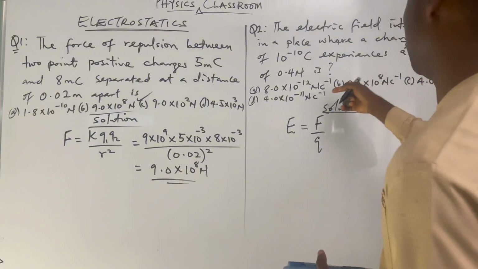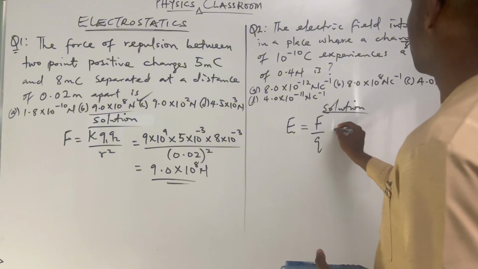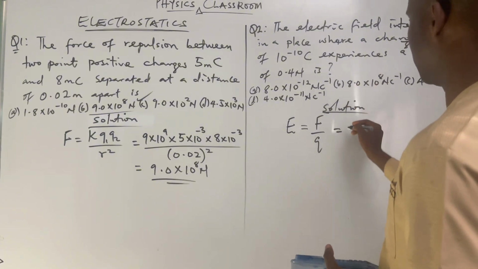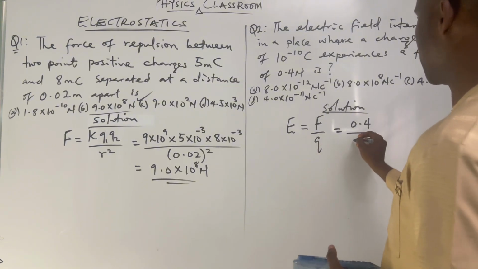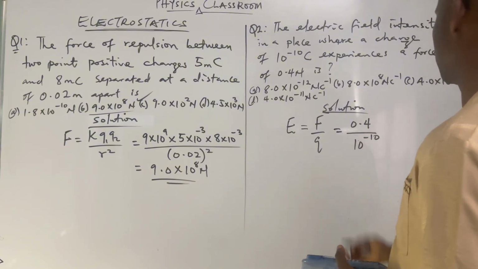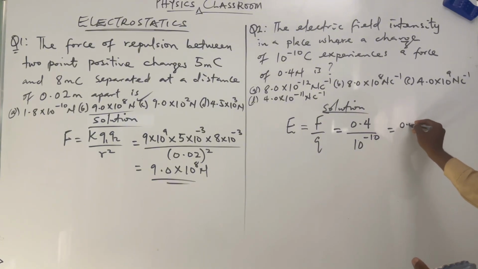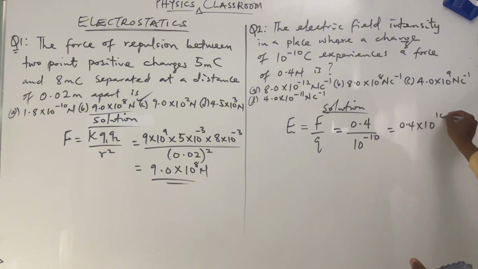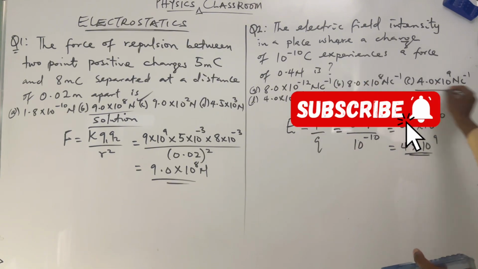Here you are required to get the electric field intensity. So the force was given to be 0.4, while the charge is 10 raised to the power of minus 10. This is very straightforward. That will give us 0.4 times 10 raised to the power of 10, which is equal to 4 times 10 raised to the power of 9. And that is option C.